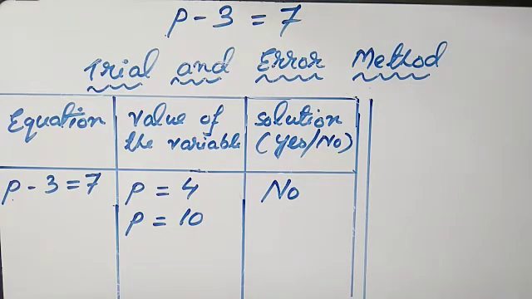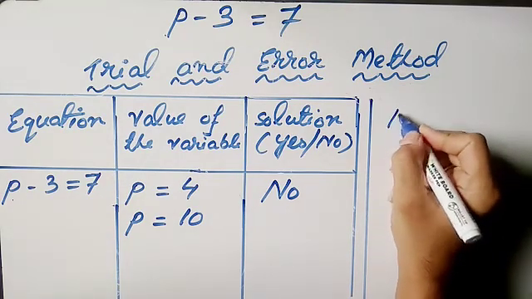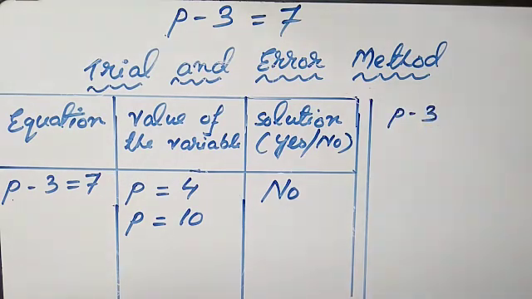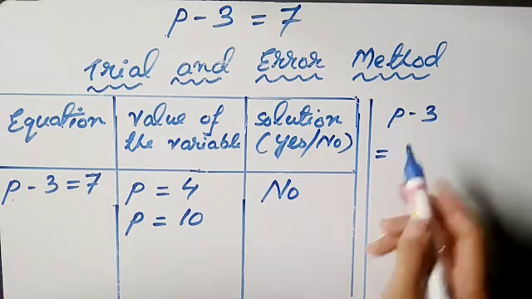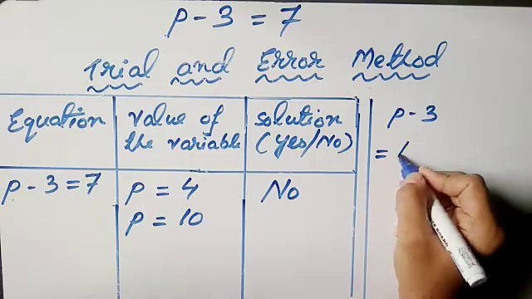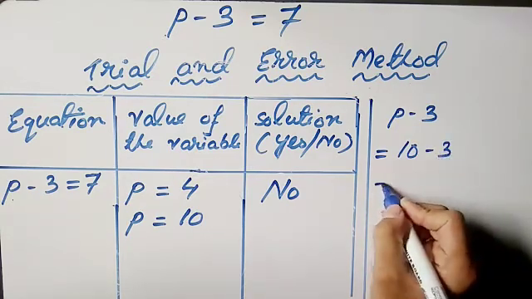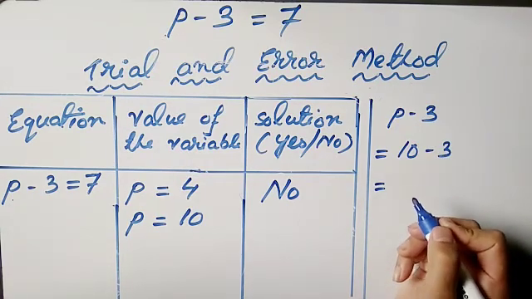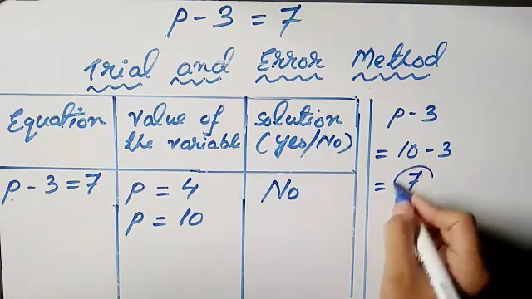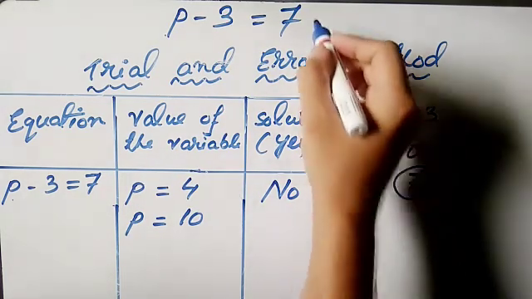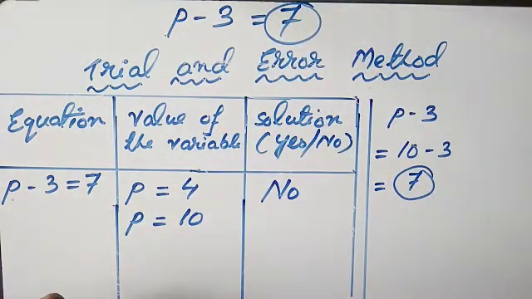P equals 10. The value on the left hand side is p minus 3, and instead of p, we have to substitute 10. So 10 minus 3. What is the value of 10 minus 3? It is 7. The value on the left hand side is 7, and the value on the right hand side is also 7.